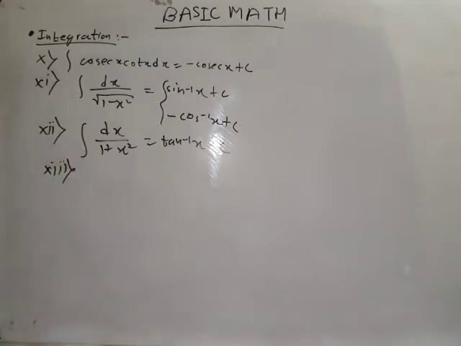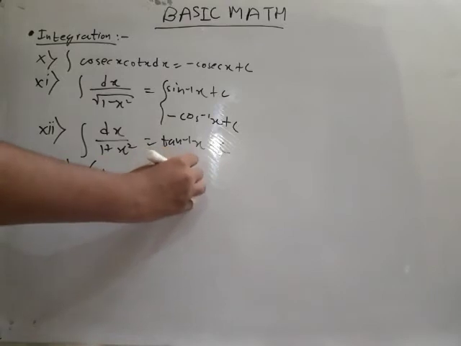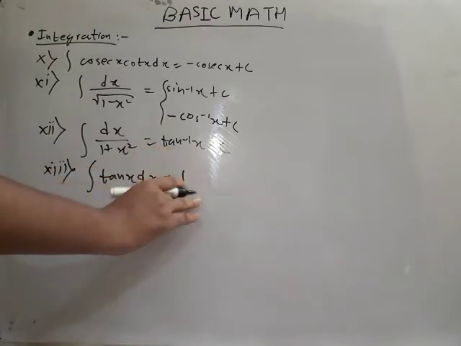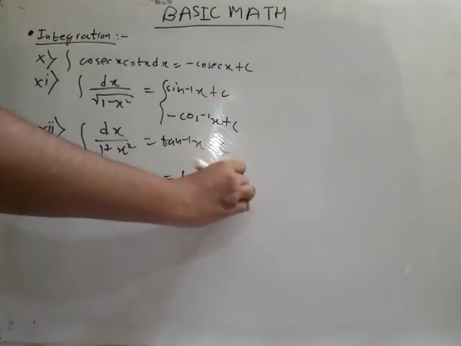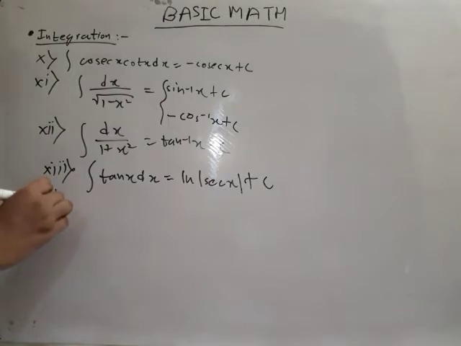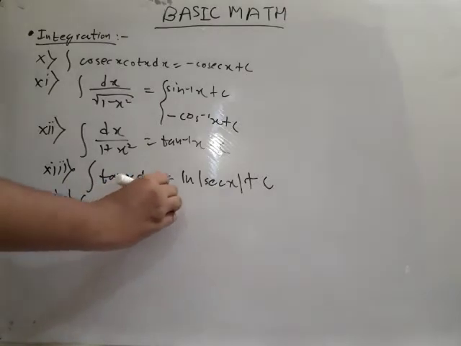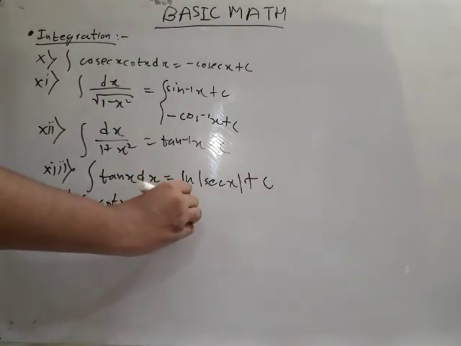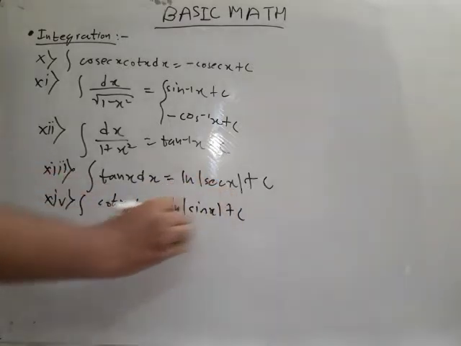Integral tan x dx equals ln, that is log e, ln mod sec x plus c, and integral cot x dx equals ln mod sin x plus c.